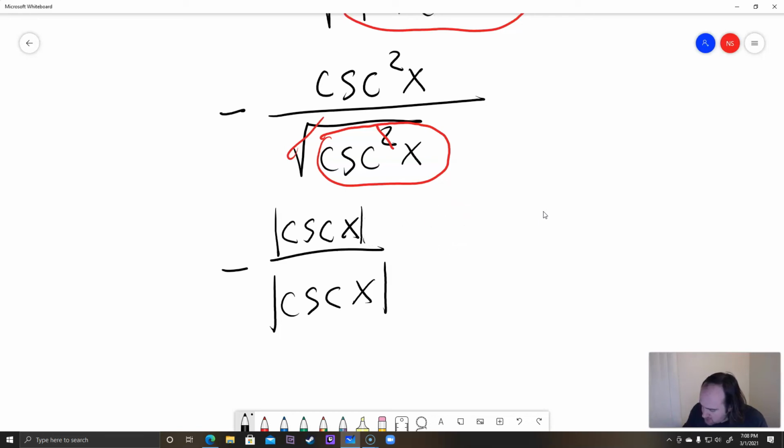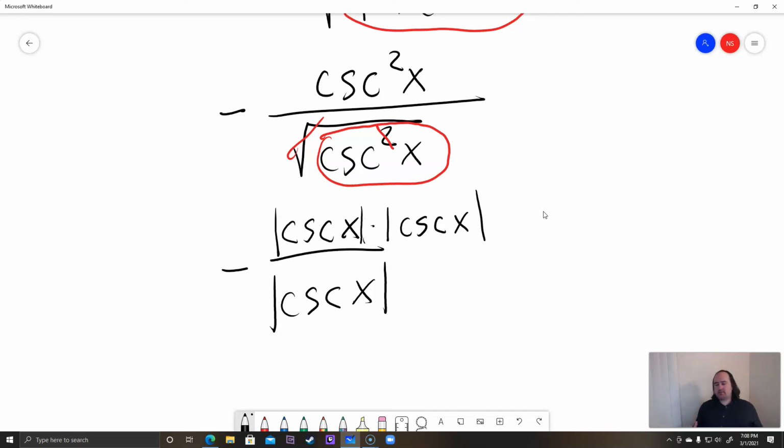And that's something that you're just allowed to do because cosecant squared of x is always positive. It's always 0 or positive. So you can rewrite it as absolute value of cosecant of x times absolute value of cosecant of x.